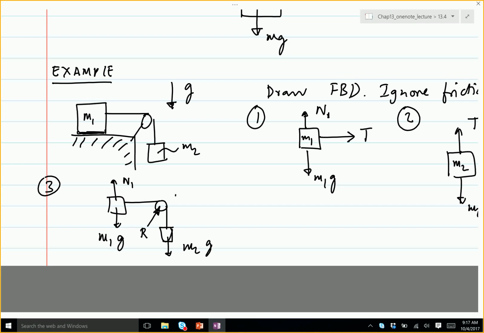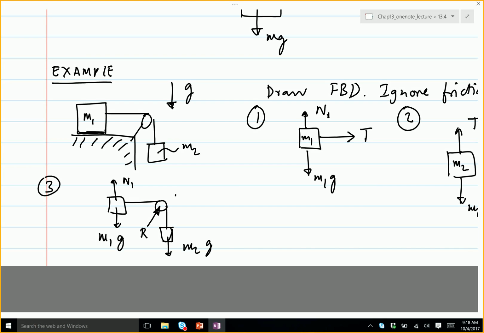So what you get from this free body diagram is that the tensions don't appear, but you have this thing R, which is an unknown. So if I ask you, for example, find the tension, then you'd probably draw this free body diagram, this free body diagram, write the equation, and solve for tension and acceleration of the car.